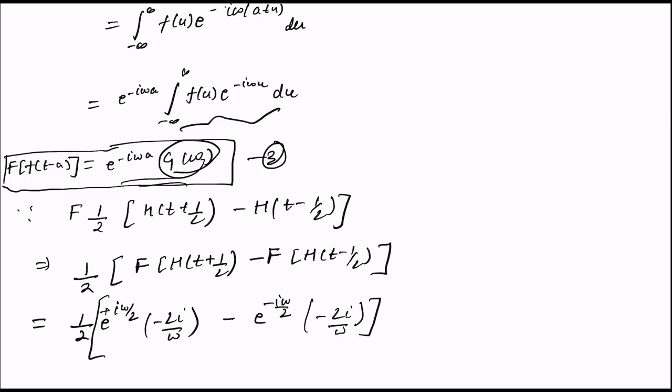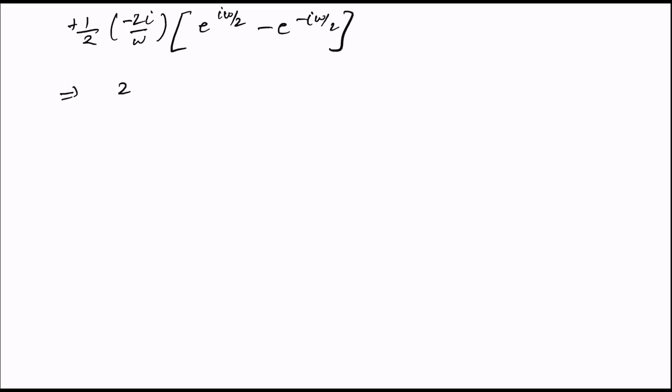Now minus 2i by omega can come outside, so it becomes e to the power i omega by 2 minus e to the power minus i omega by 2.